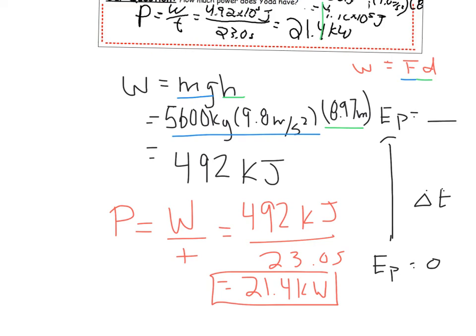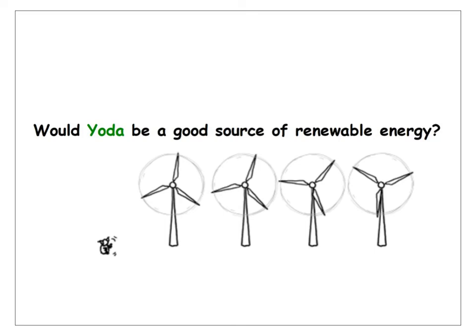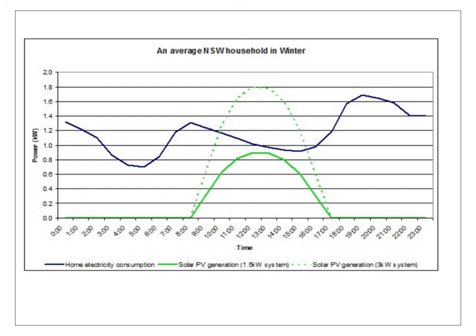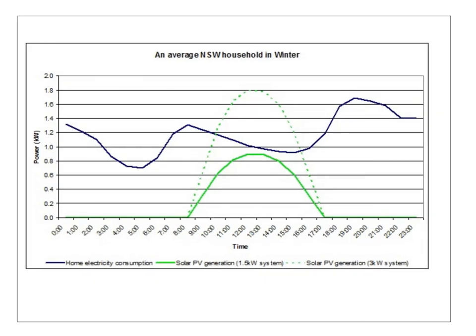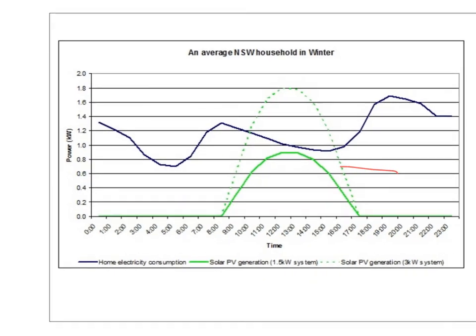What does that mean? Could Yoda actually be a good source of renewable energy? If we look at the average amount of power used in a house in 1 hour, at peak time it would be around 1.7 kilowatts. So that's roughly 12 and a half houses he could power at peak time in the winter.